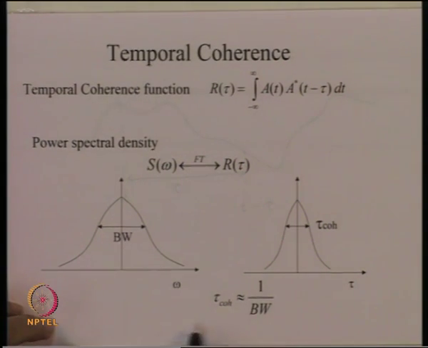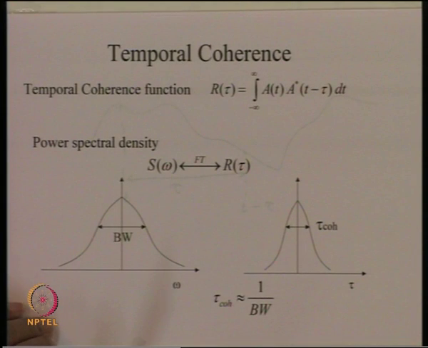And what one can show is that this tau coherence is approximately 1 upon bandwidth. So, if bandwidth is small, then we have a tau coherence which is very large, and if the bandwidth is large, then the tau coherence is very, very small.